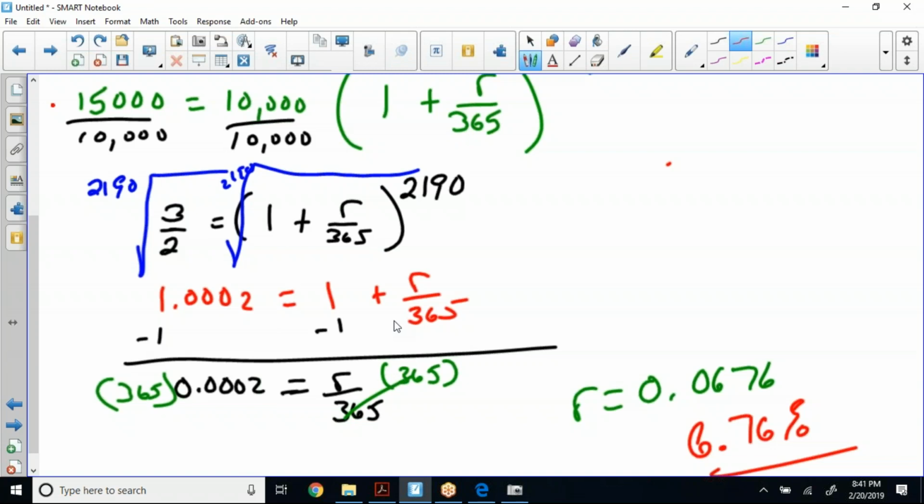When you do number 5, you should have opened up a parentheses, right? You hit enter: 2190, math, number 5. Then 3 divided by 2, close parentheses. Now minus 1, and then multiply it by 365, and you're good.